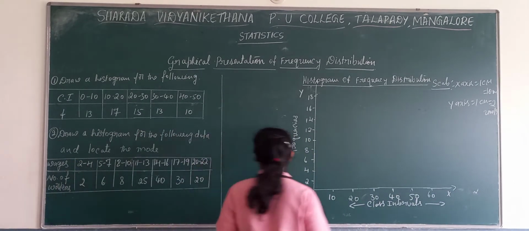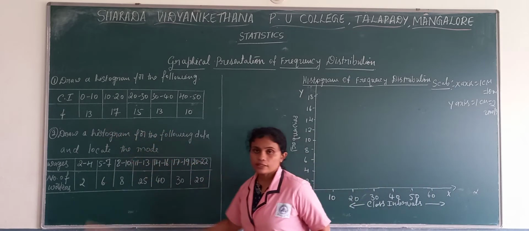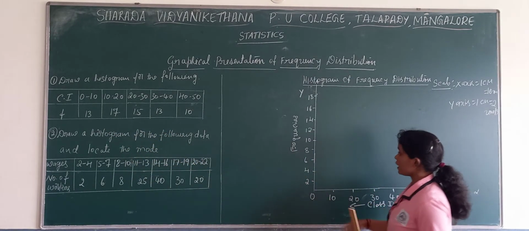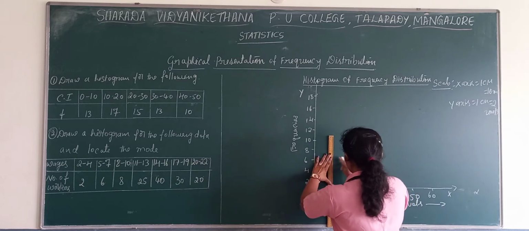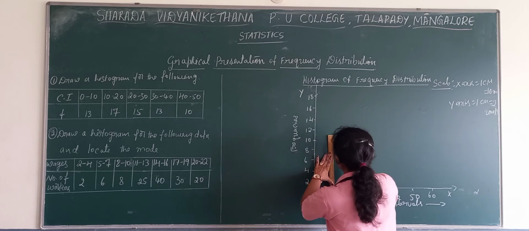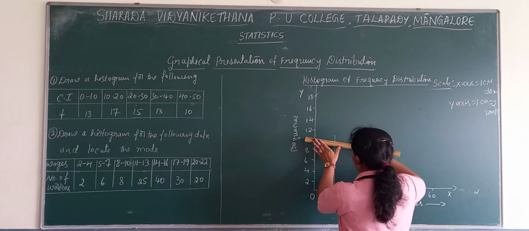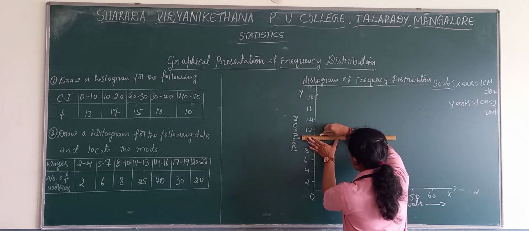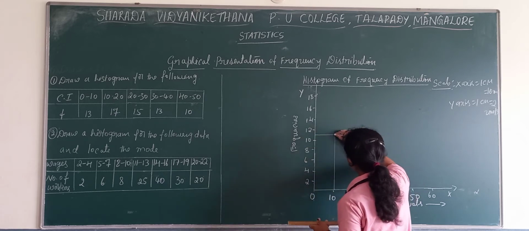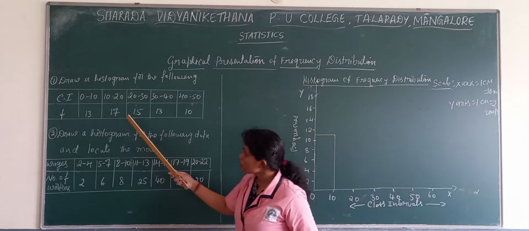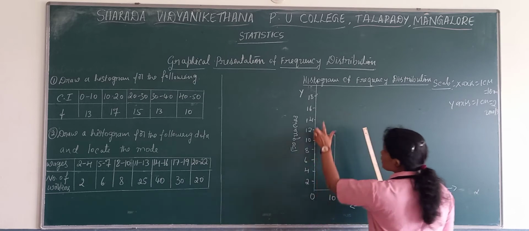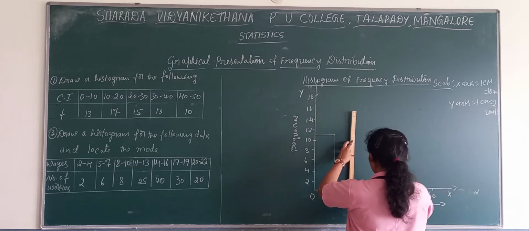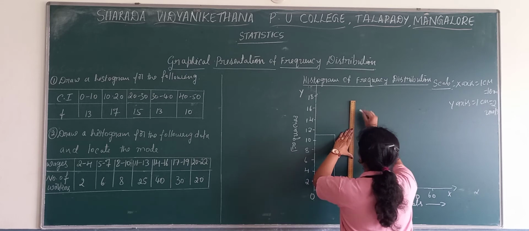Now see here, 0 to 10, that is 13. Where does 13 come? 0 to 10, it is 13. Next comes 10 to 20, 17. 10 to 20, 17 is here.